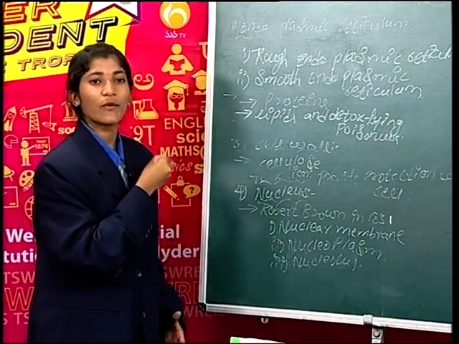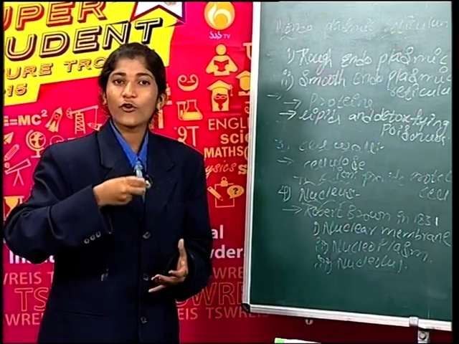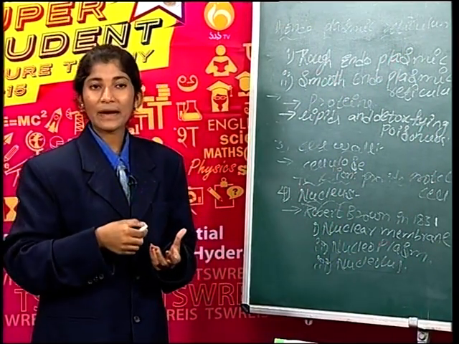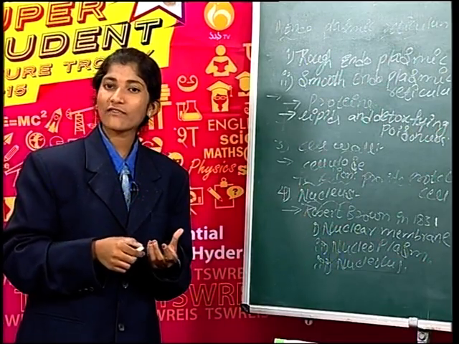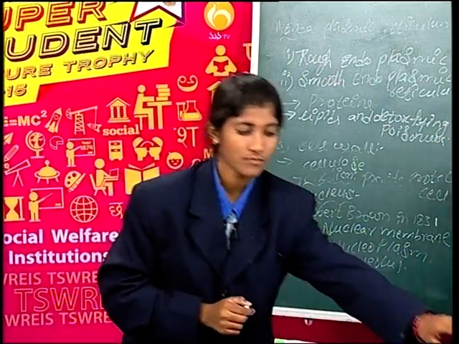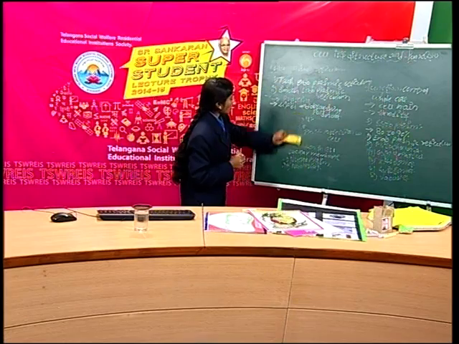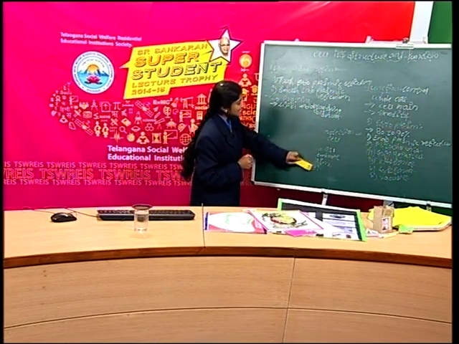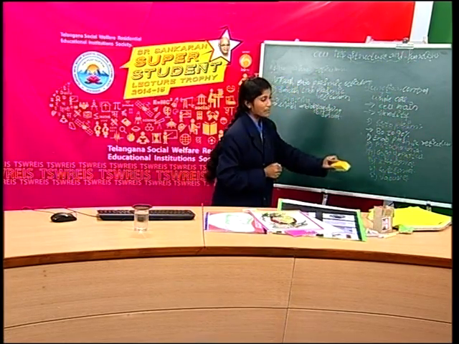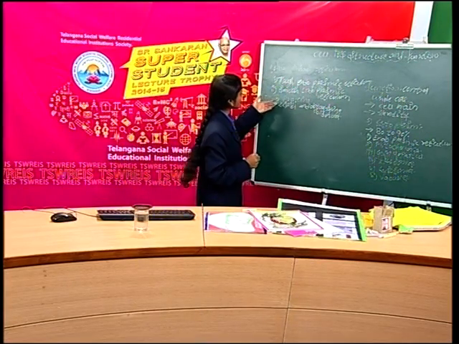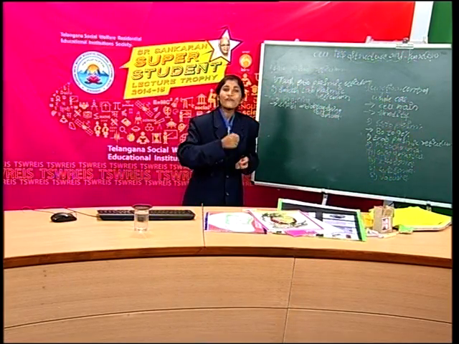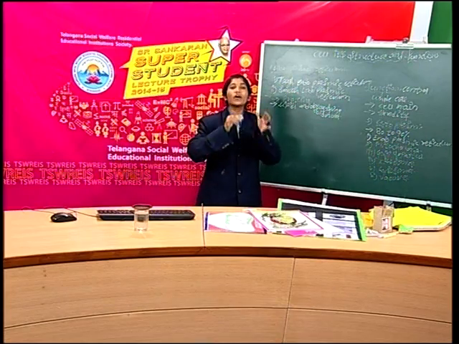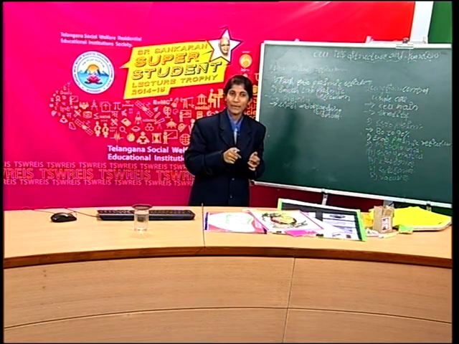This smooth endoplasmic reticulum is helpful for producing lipids and detoxifying poisons. And also these proteins and lipids prepared by the endoplasmic reticulum help to build the cell membrane.